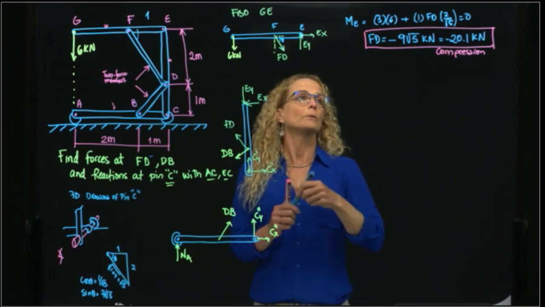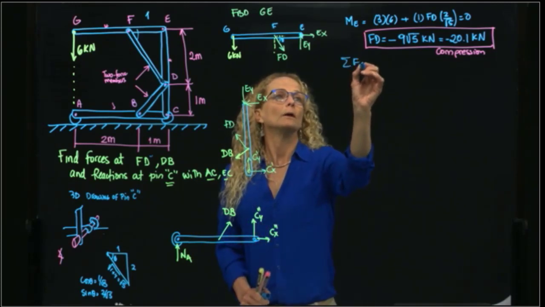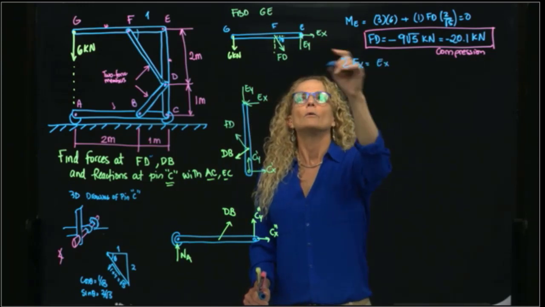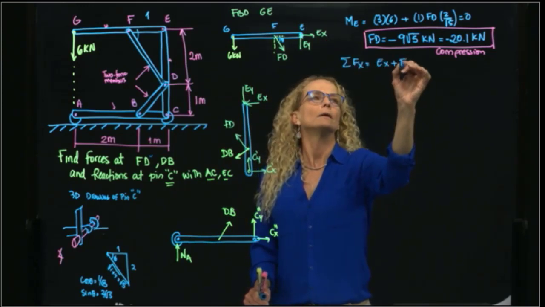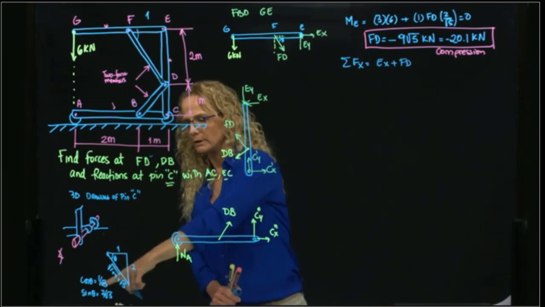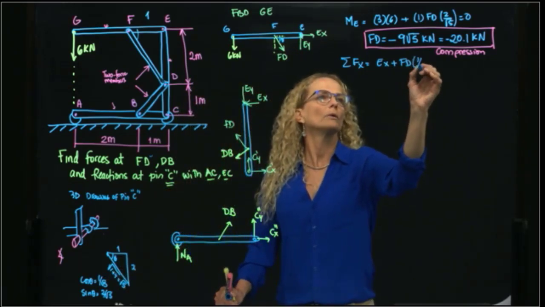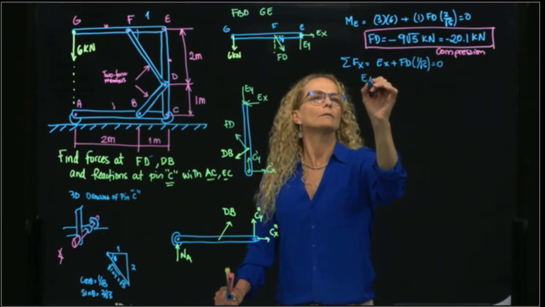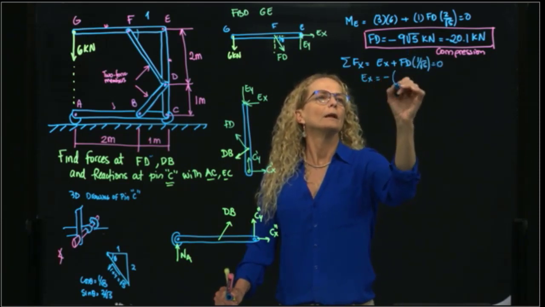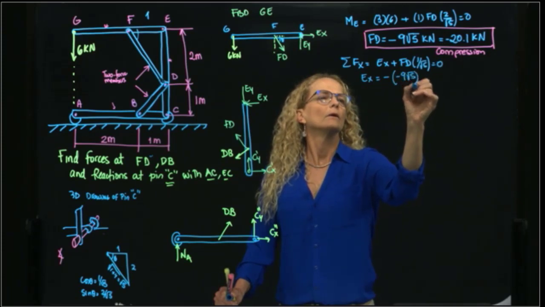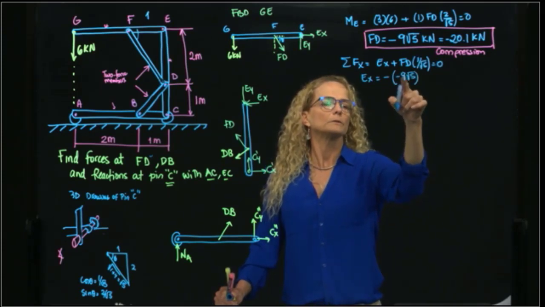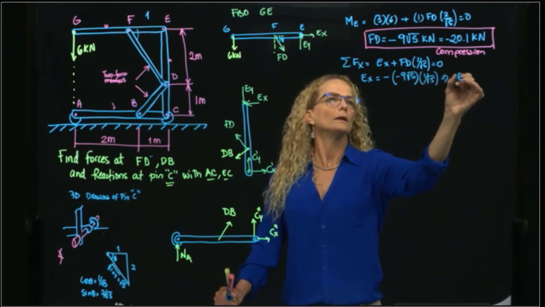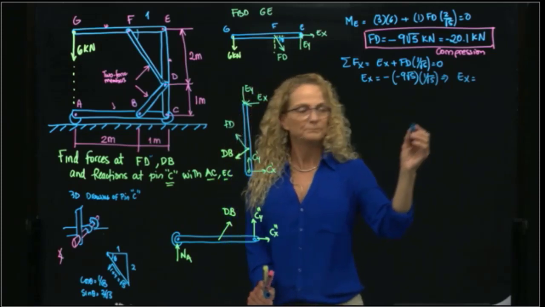To do that, I will add forces in X, and then I have EX plus FD cosine of theta, and cosine is 1 over square root of 5, equals 0. So EX is equal to negative 9 times square root of 5 divided by square root of 5. Therefore EX is equal to 9.